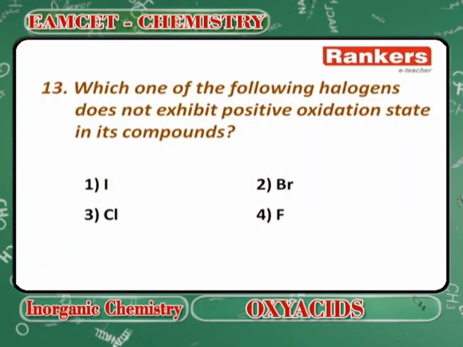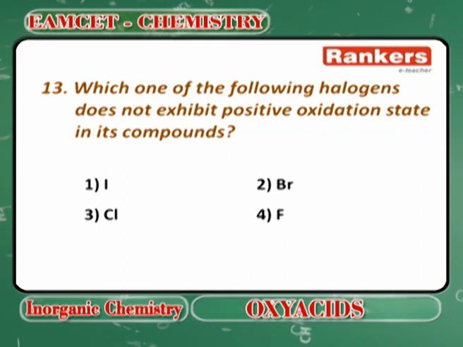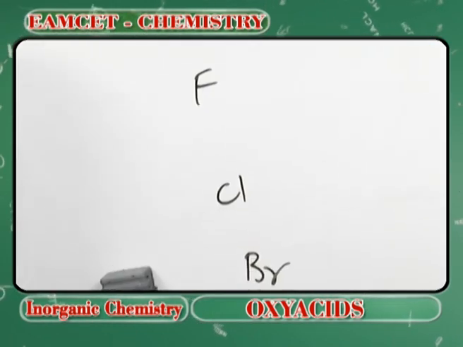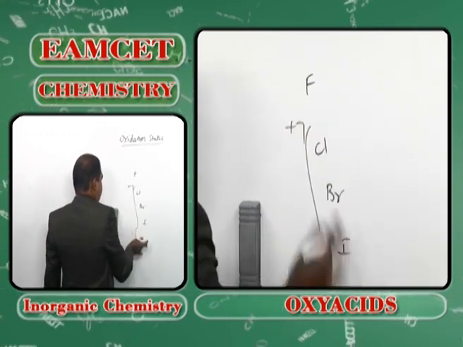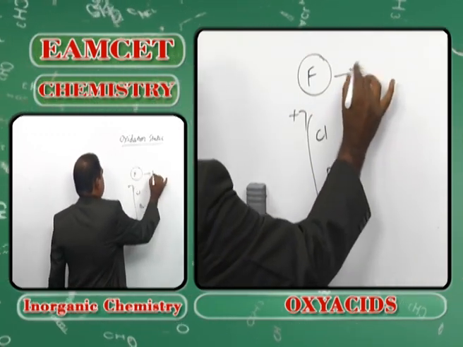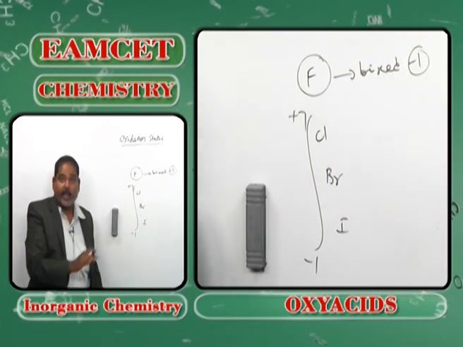Which of the following halogens does not exhibit positive oxidation state? What a wonderful question that is. You have fluorine, chlorine, bromine, iodine. All these show minus 1 to plus 7. What about fluorine? Fixed. Always minus 1, which means it never exhibits plus.